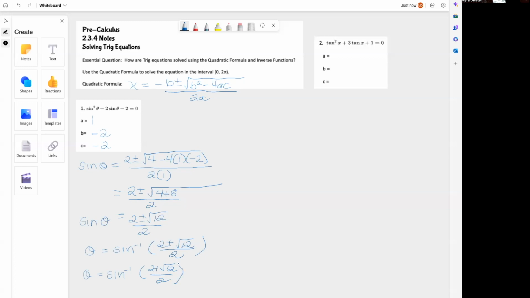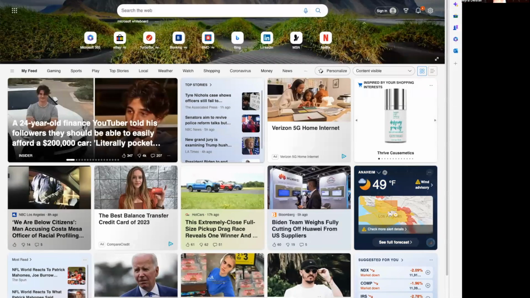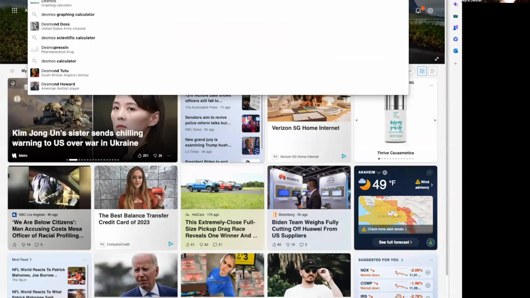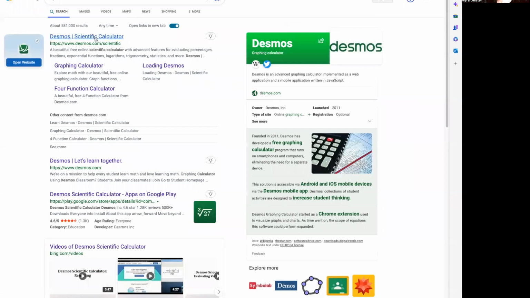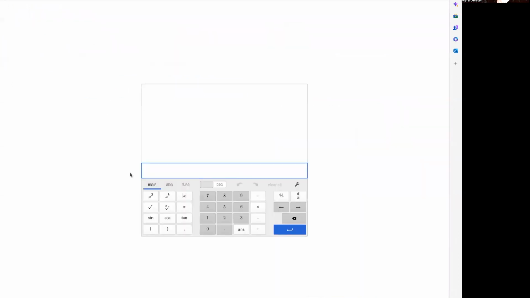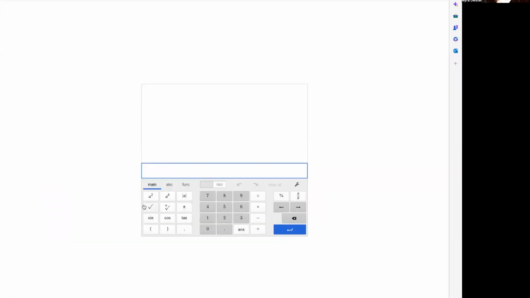Now you can use Desmos, or a scientific calculator. And I need to flip back. Okay, so that's 2 plus the square root of 12 over 2.